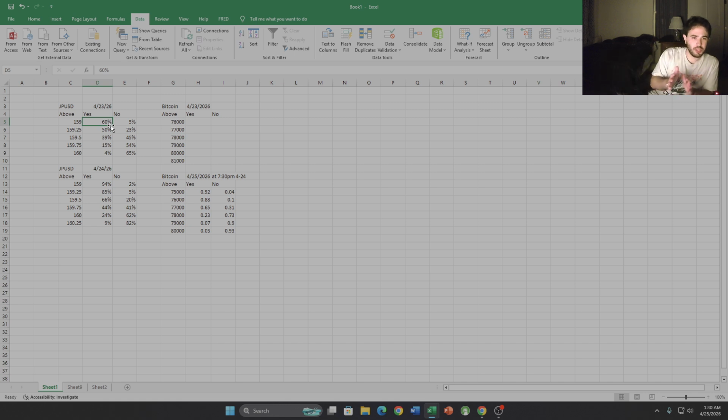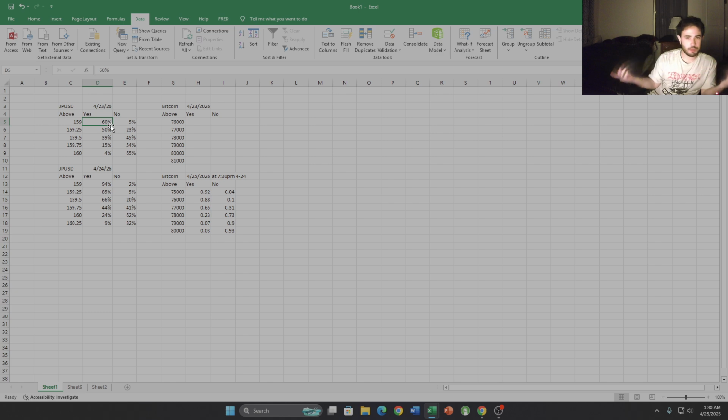Any of these probabilities for yes or no, these trades per se, either end up at 1 or 0. Does it happen or does it not happen? Is it going to be above? Is it going to be below? But is there interest in a certain number?